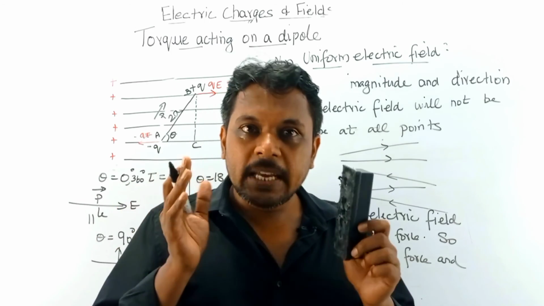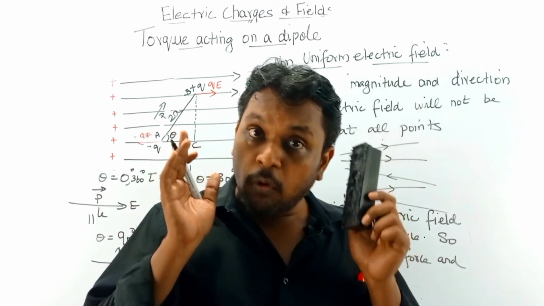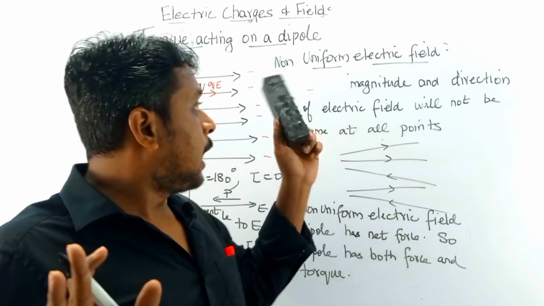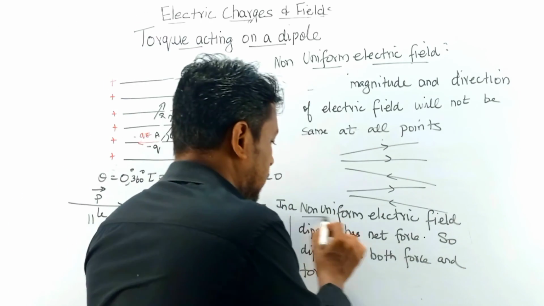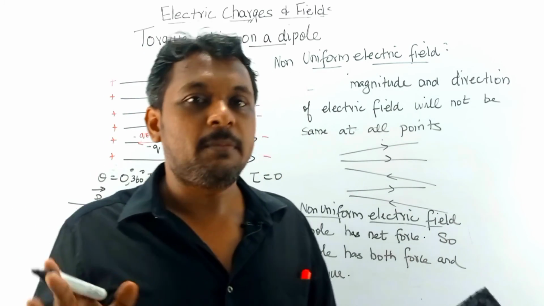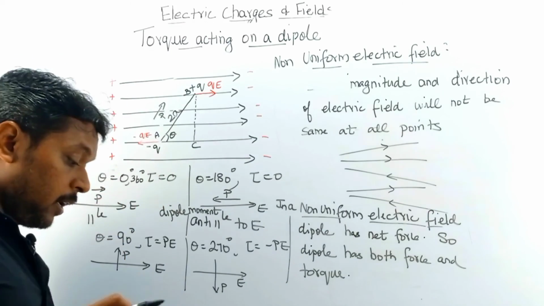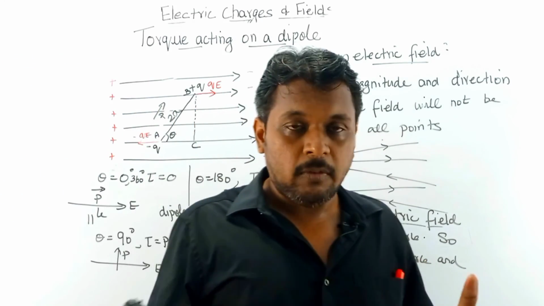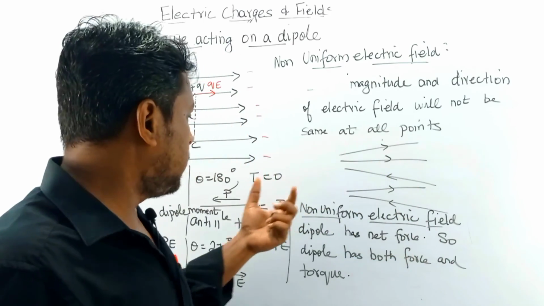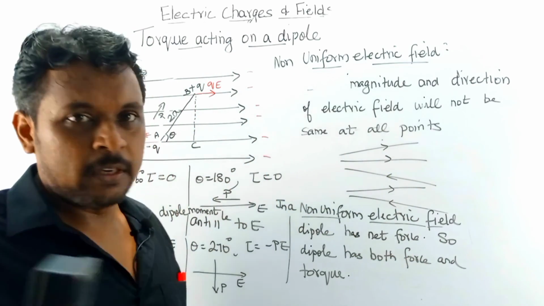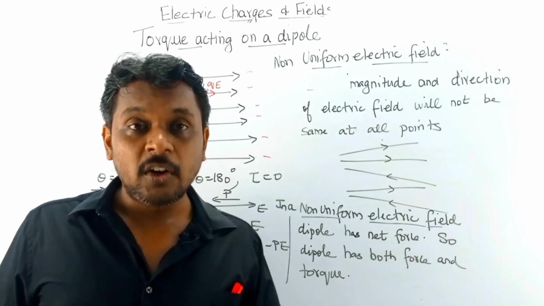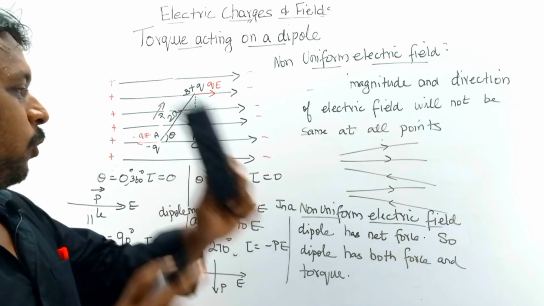We have discussed that in case of a uniform electric field, the net force was 0, so it has only torque. But in case of a dipole placed in a non-uniform electric field, the dipole has both force and torque. This is the most important statement. We have seen the magnitude of the electric torque, tau is equal to P E sin theta, and for different values of theta, we have seen the different positions of the dipole. So this is the overall thing discussed on the torque acting on a dipole.